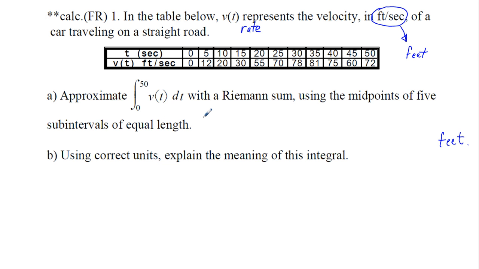So we're going to write this out and say approximation of the integral from 0 to 50 of v of t dt is equal to, and we have 5 subintervals.